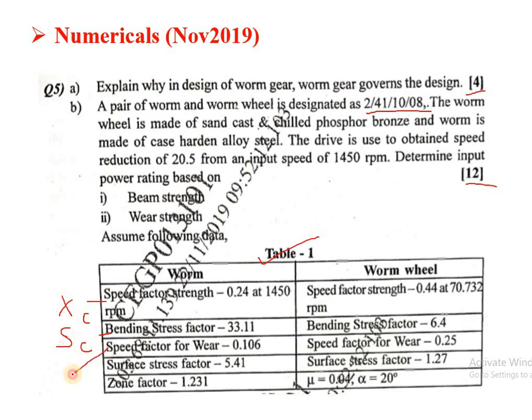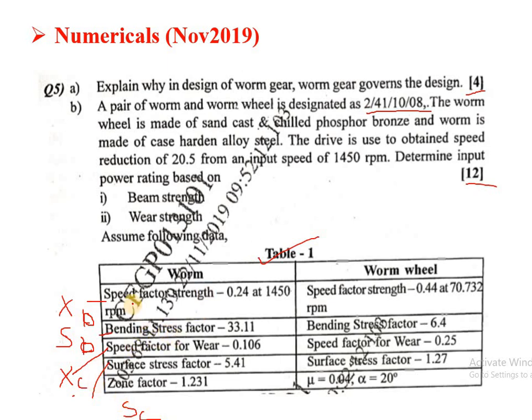Now the speed factor for wear, again it is given by XC, but these values you are supposed to use, this is XB, and again this is SB. Speed factor for wear is given by XC and the surface factor is given by SC.